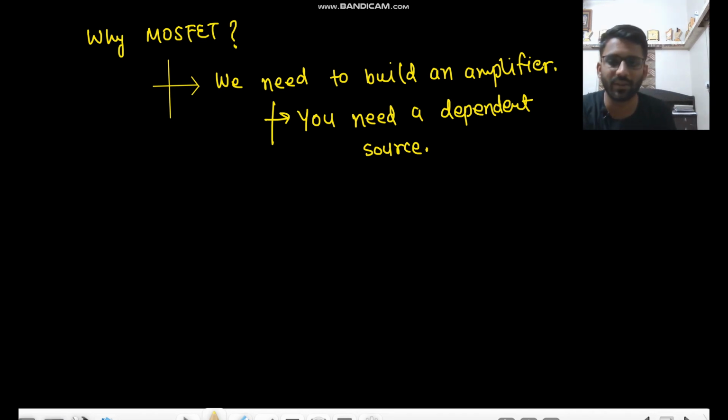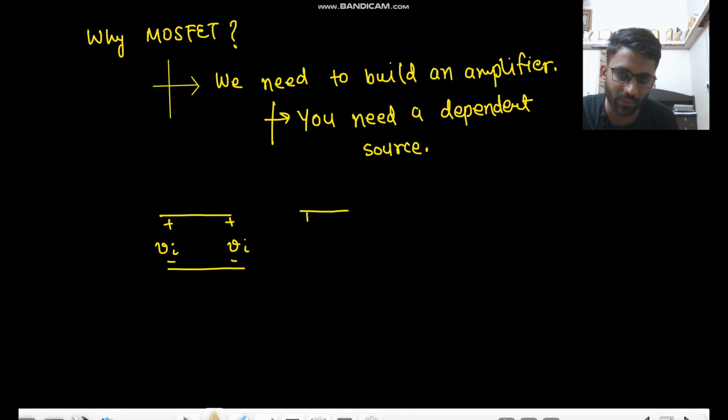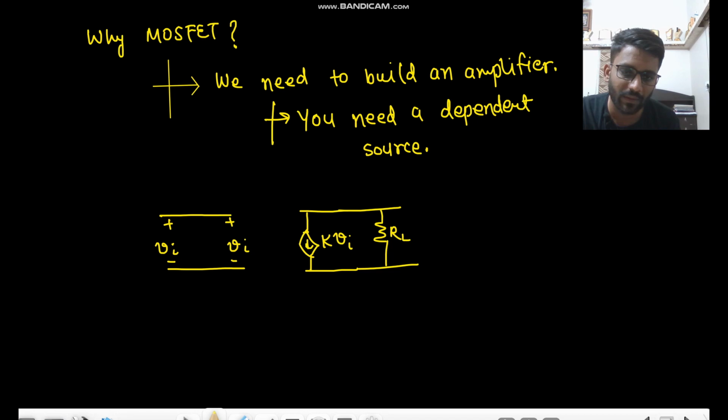Okay, let me draw a diagram. Like let us assume you have this input Vi applied. Okay, and this Vi comes here. Now here you have a dependent current source that is proportional to this input, and then you have a load at the output, and this is your V0.